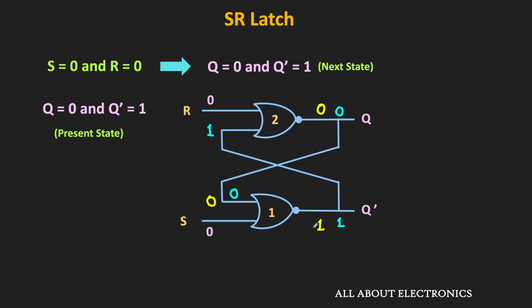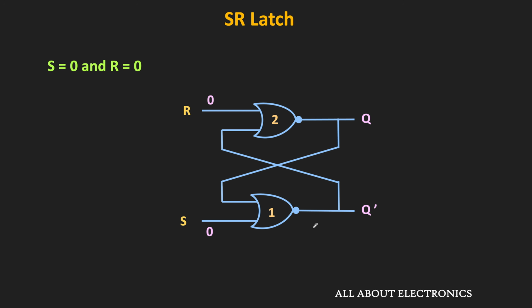And to confirm it further, let us also take the second case, where Q is 1 and Q bar is equal to 0. So in this case, when both inputs S and R are 0, presently the output Q is 1 and Q bar is equal to 0. So this value of Q will also appear at the input of the first NOR gate.